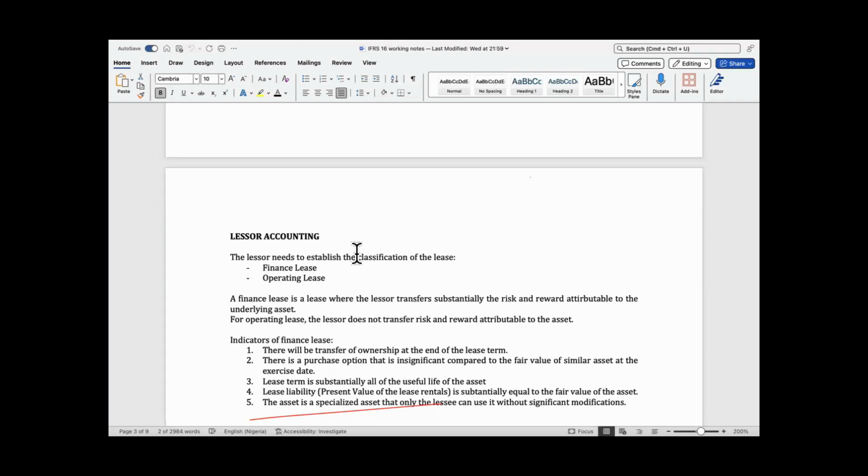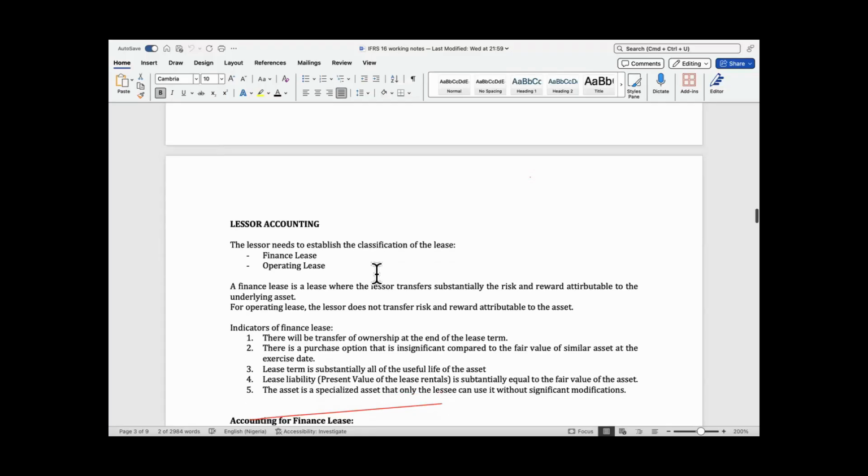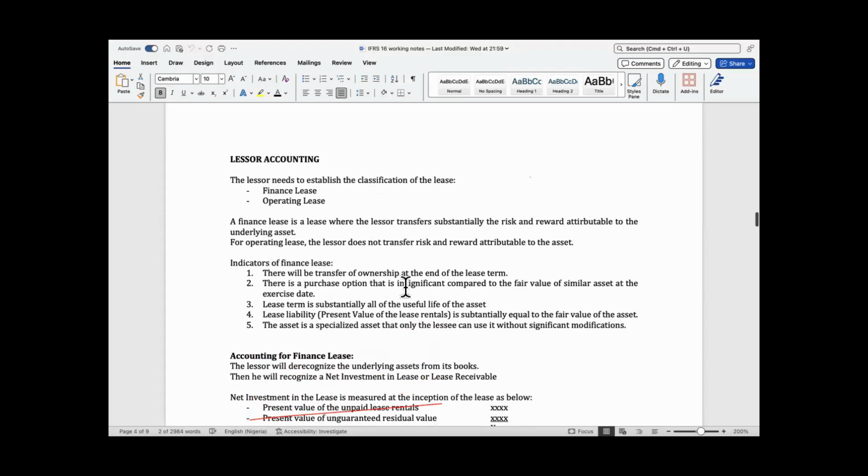After he has identified which lease he has entered into, that will determine how he's going to treat this item. We said for him to know whether he has entered into a finance lease, there are indicators of finance lease, because for finance lease, it means that the lessor has transferred substantial risk and reward.